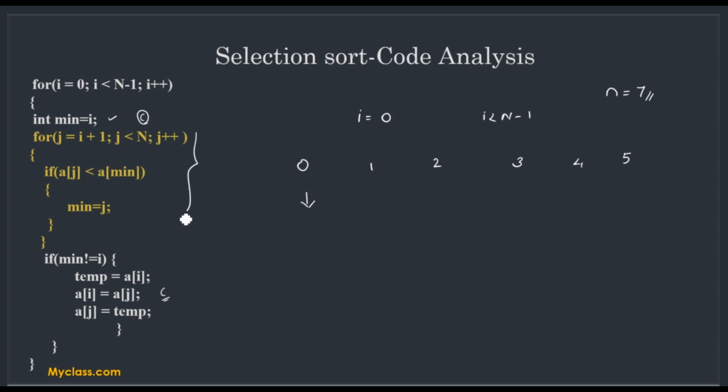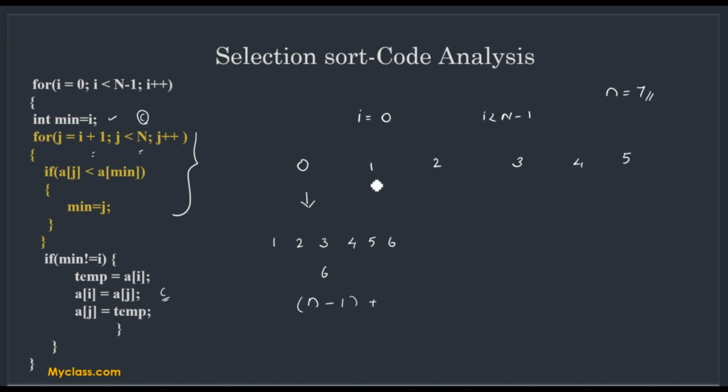We are only checking how much time our internal loop is working. The inner loop works from j equal to i plus 1, so j from 1 to j less than n, that is up to 6. That is 6 times, which we can generalize as n minus 1 times.